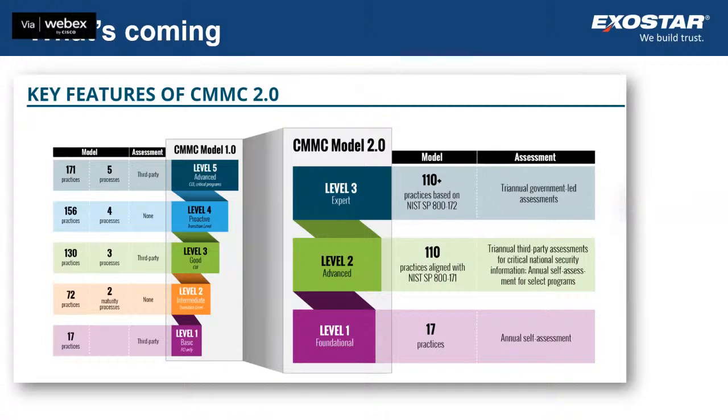Those are where you see NIST 800-171, NIST 800-172. Those are the standards that the different controls align with. And then what you see on the assessment side is what you need to do to assess your organization's accomplishment or implementation of those different controls. For level 1, there are 17 practices, and you should be doing an annual self-assessment of how you're doing against those, and so on up the chain to level 3.